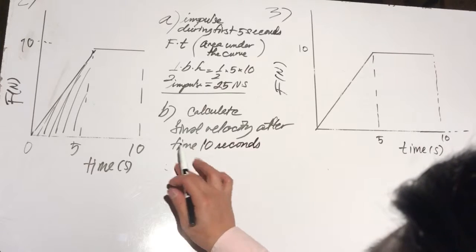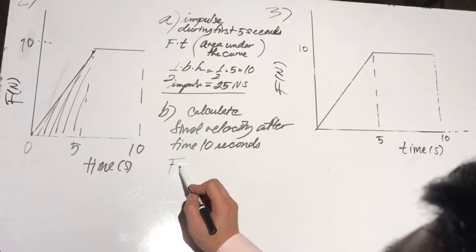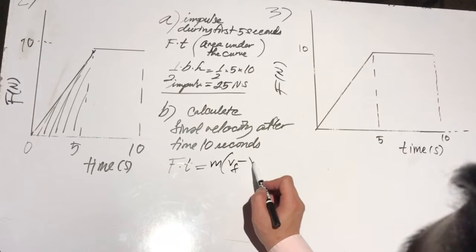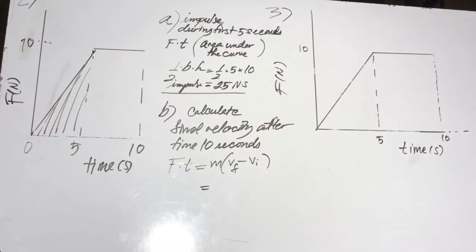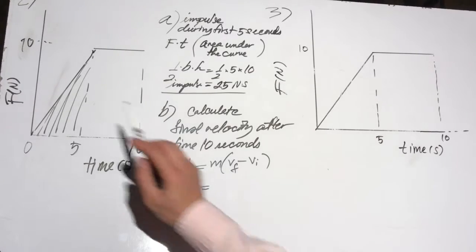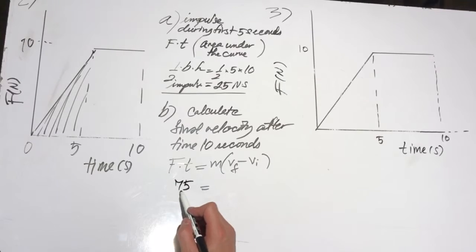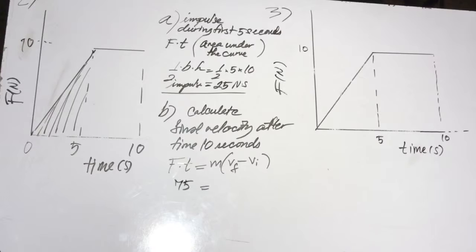So basically this is the equation you will get. F times t is equal to mass times (Vf minus Vi). F times t is the area under the curve. But in this one, the areas are added, because you're getting the area under the curve of these sections. So my area under the curve is actually 75, because we have 50 here plus 25, which is 75.